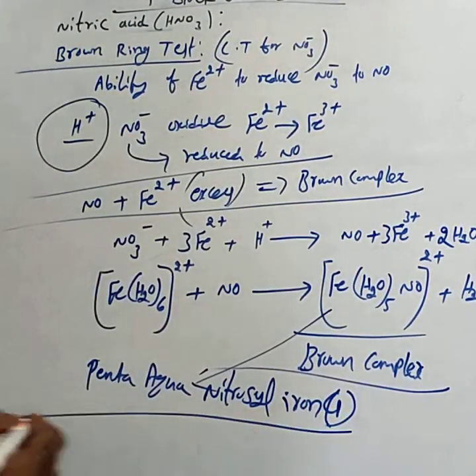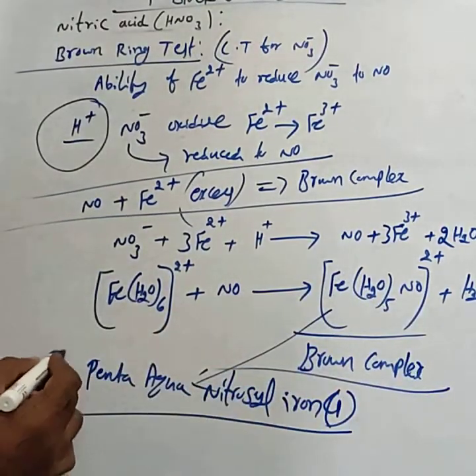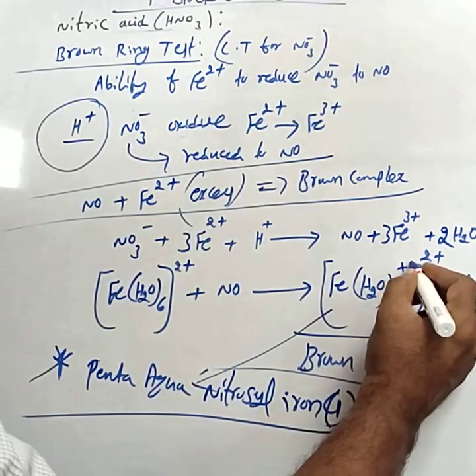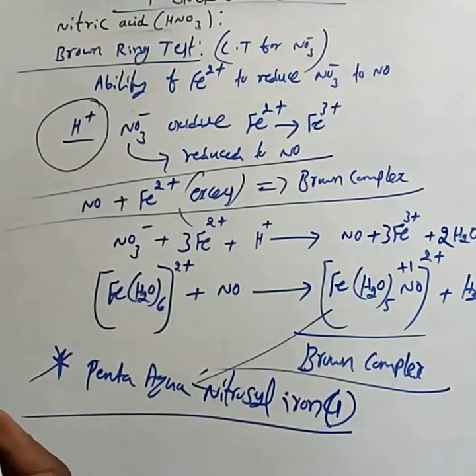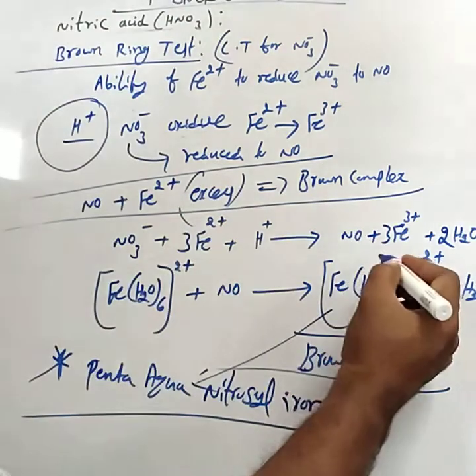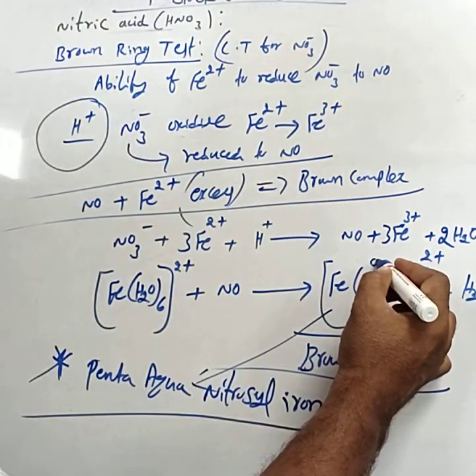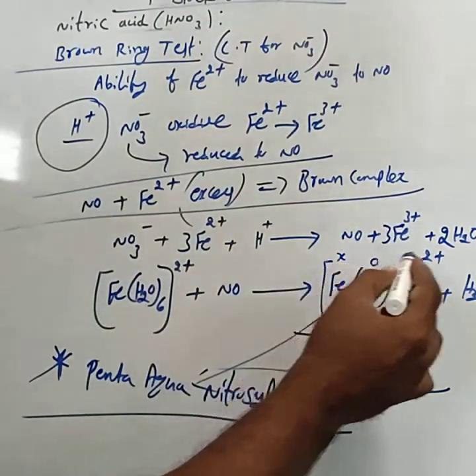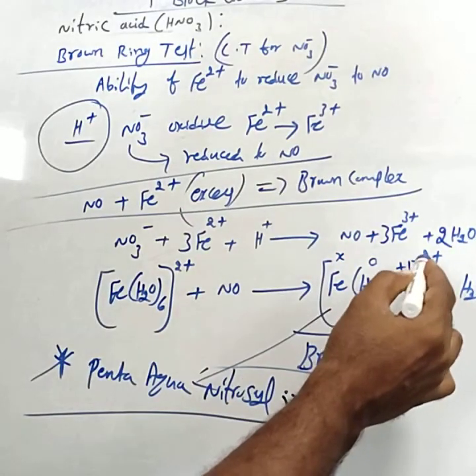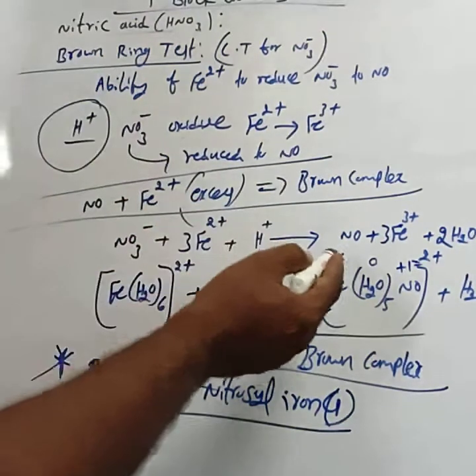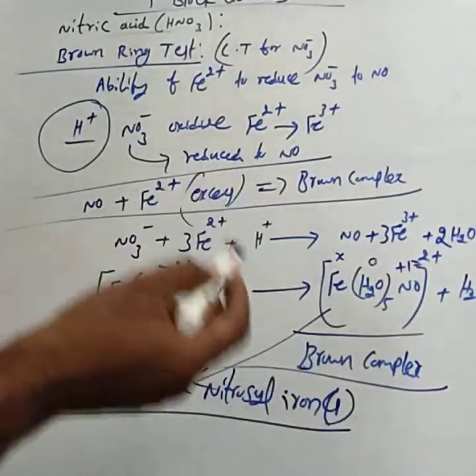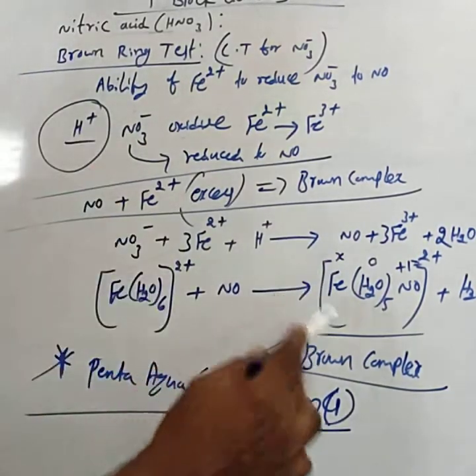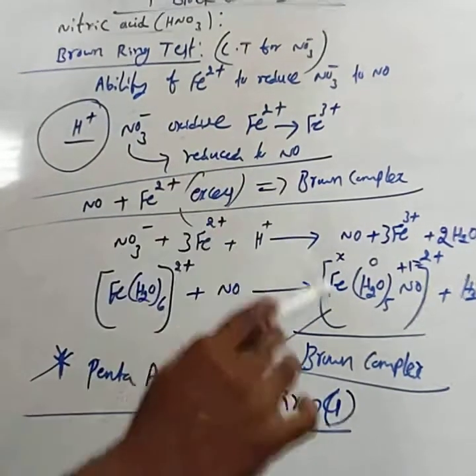The oxidation state of iron in the brown complex is +1. Here nitrosyl is taken as +1 charge, water charge is taken as 0, and the complex is +2. Iron is assumed as X. Then X becomes +1. This is most important: in the brown complex, the oxidation state of iron is +1, not +2.